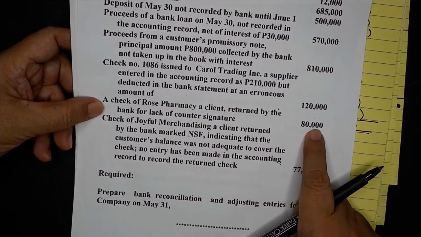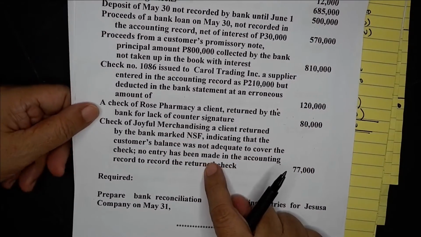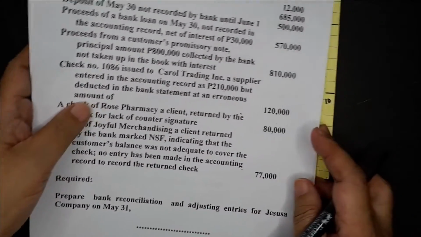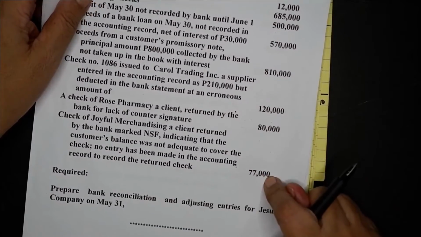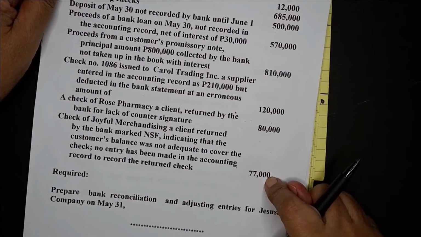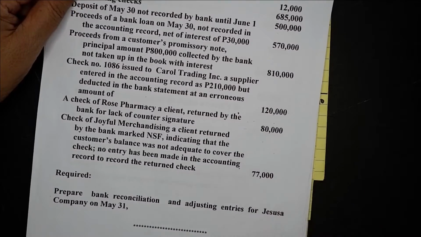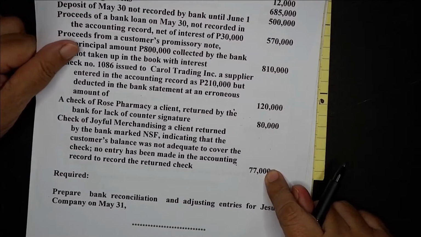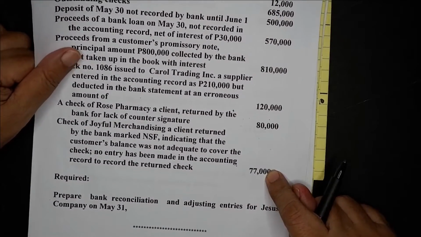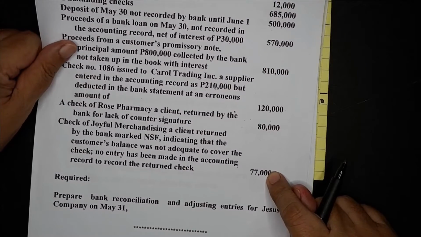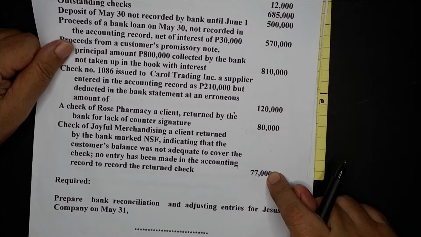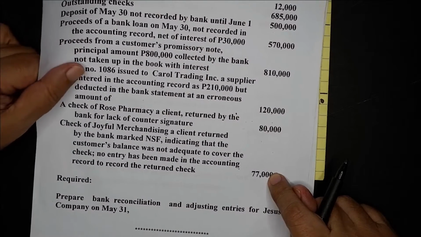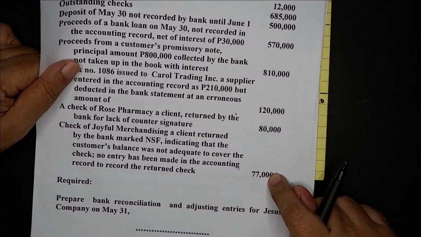Then we have this 80,000 book error, a check of Rose Pharmacy, a client, and also this one. Take note that both 80,000 and 77,000 checks come from our customers. When we received this 80 and 77, we prepared an entry, debit cash in bank and credit accounts receivable. But the question is, are our customers really paid already? They are not yet paid because their checks bounced.